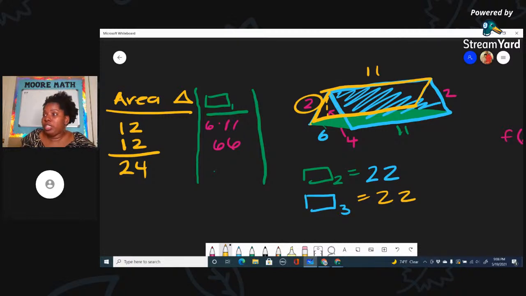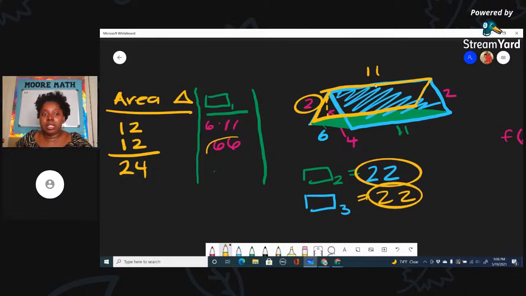Okay, so you did 22 plus 22 plus 66 and 24, correct? And I didn't get a 24. I got a 12. Yeah, but there's 2. That might be why. There's 2 triangles.